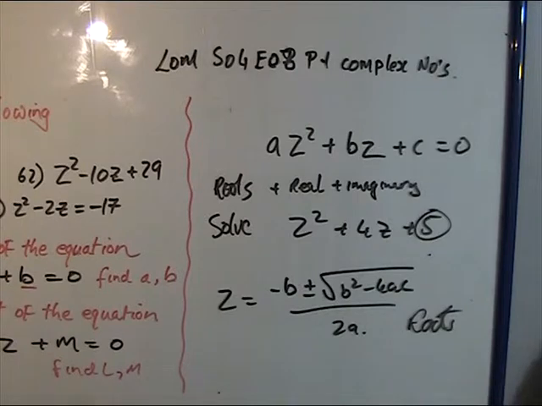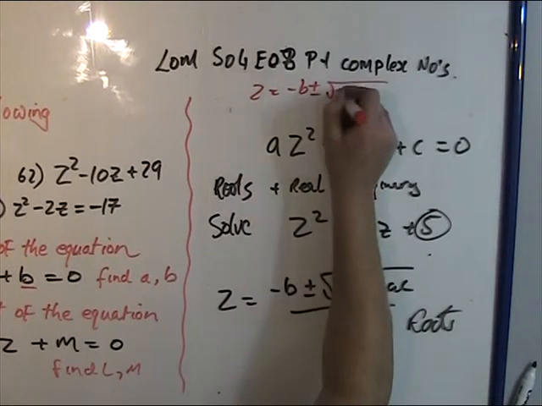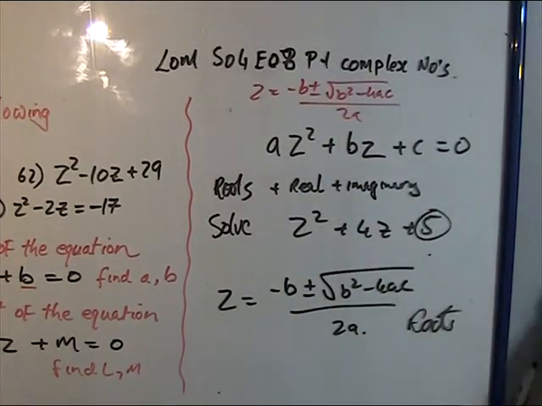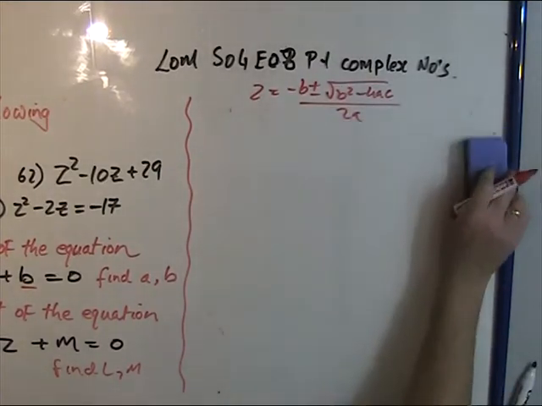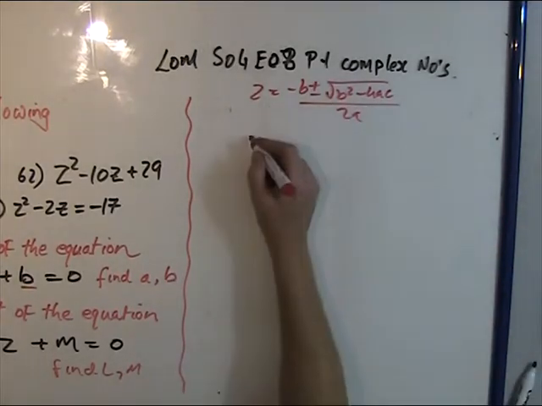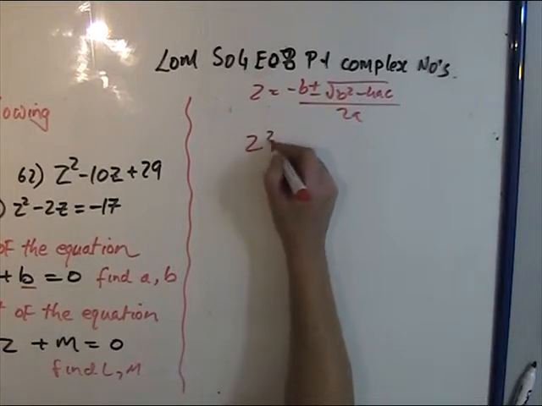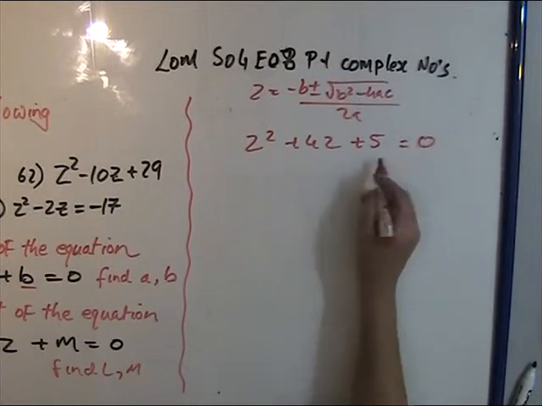So I'm going to solve this equation, and I'm going to put this formula up here so you'll be able to see it: z is equal to minus b plus or minus the square root of b squared minus 4ac all over 2a. Here the equation is z squared plus 4z plus 5 equals 0.